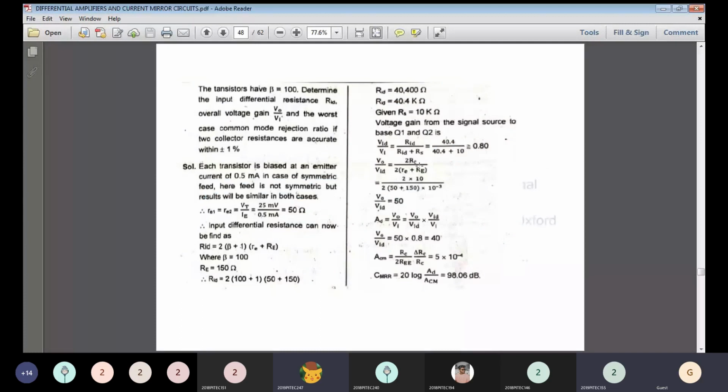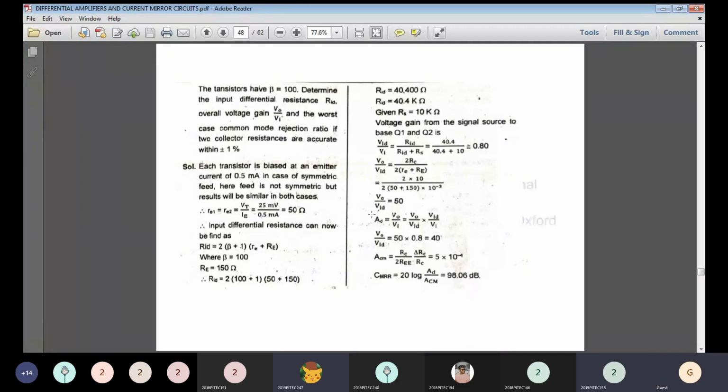So this is the value of RC, 10K. You substitute here, and the calculated value we are getting is 50. So what is the next value, AD? First we are calculating the differential mode voltage gain AD, because we are going to calculate the common mode gain with the condition that the two collector resistances are accurate within 1%.